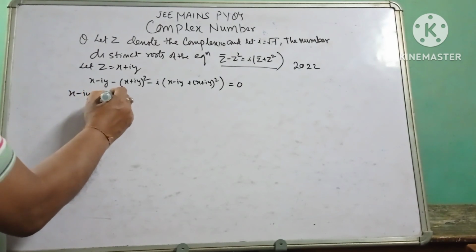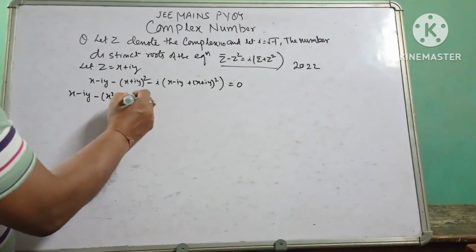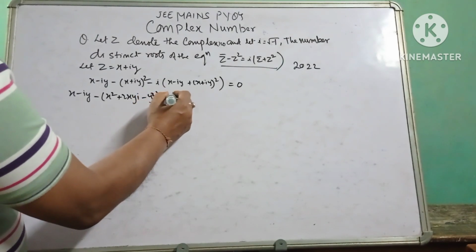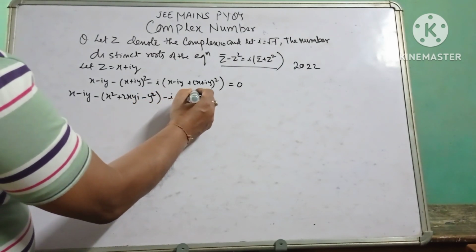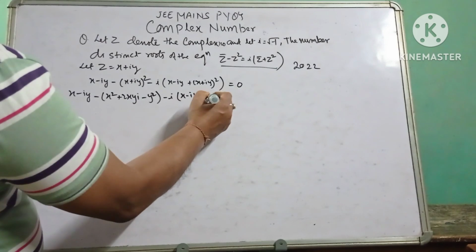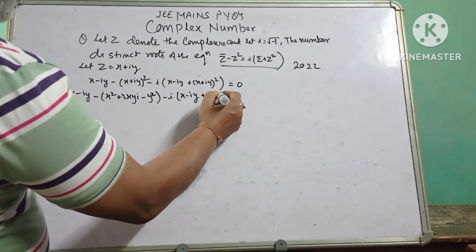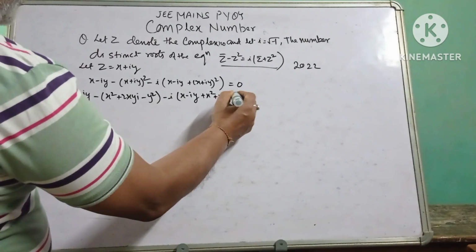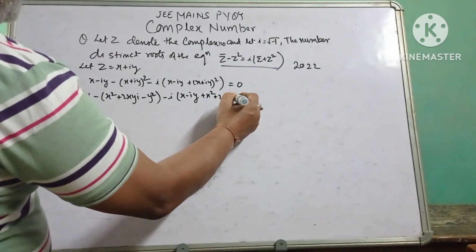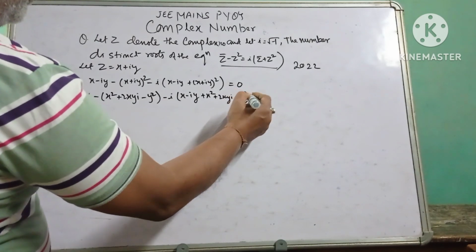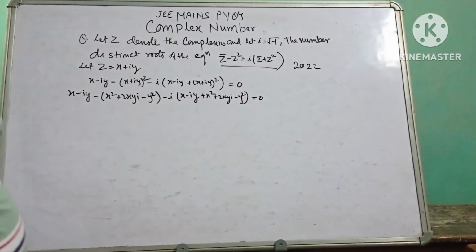Expanding: iy minus x square plus 2xyi minus y square, and minus i times x minus iy, this is x square plus 2xy iota, where i square means iota square, is equal to 0.